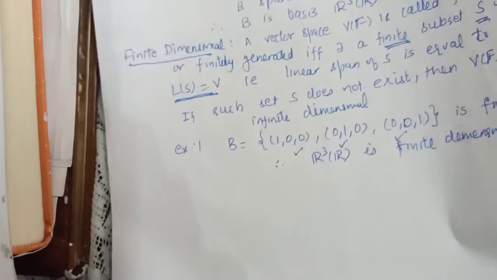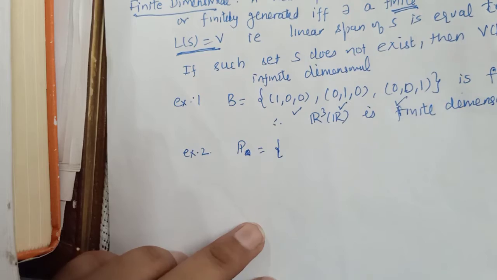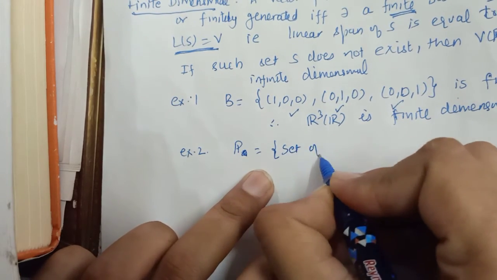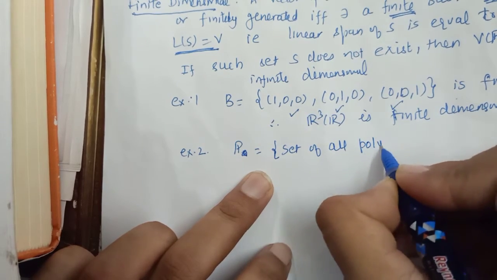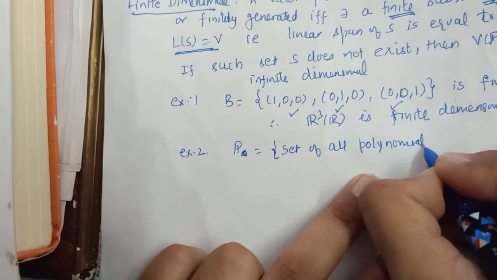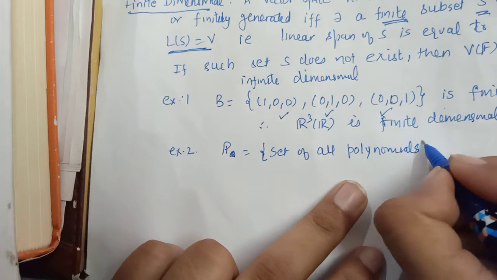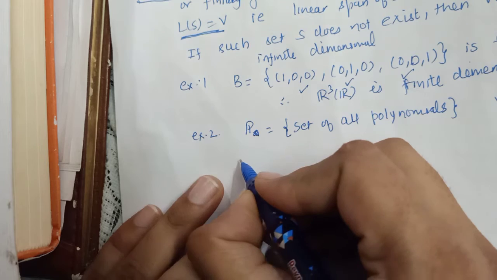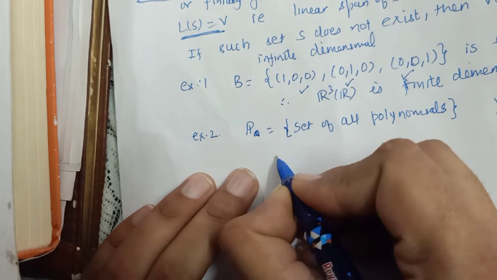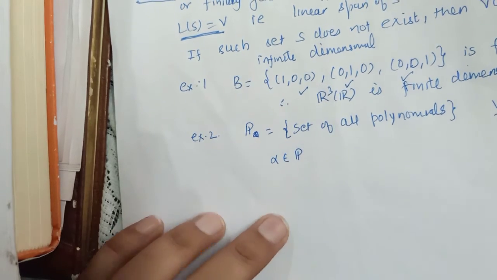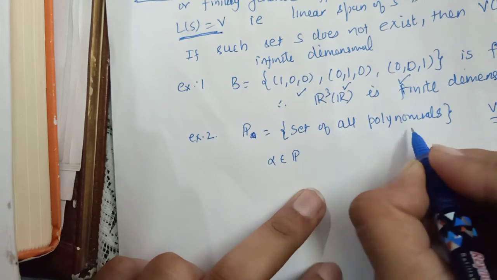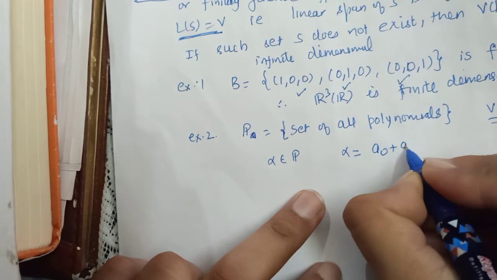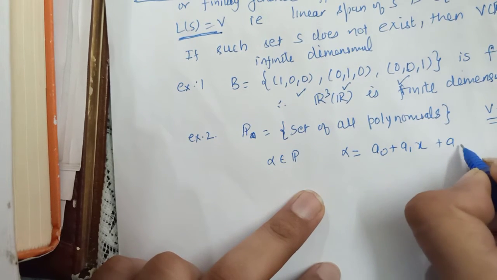And for infinite dimensional vector space, consider the set of all polynomials. I am not fixing the power of the polynomial. So this is a vector space, you can check, but let me write an element, say P, of this set of polynomials. I have not defined any maximum power of this polynomial, so it can go to any power.